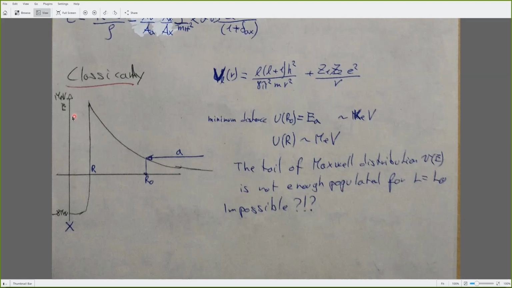Another point: since the forces are conservative, if you have a particle that has enough energy to enter here, it also has enough energy to go outside, because it's symmetrical. It's just one side, but you have to think like a pole, like for the skateboard.